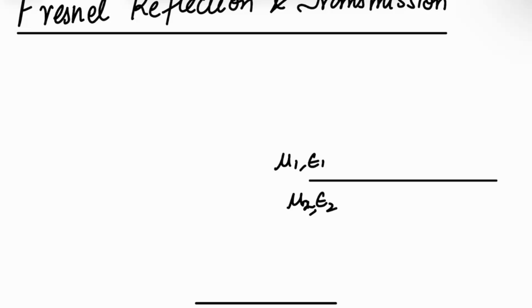And I have an incident plane wave. It's coming in maybe like that, at some angle. This is my surface normal. So we're coming in at an angle theta incident.